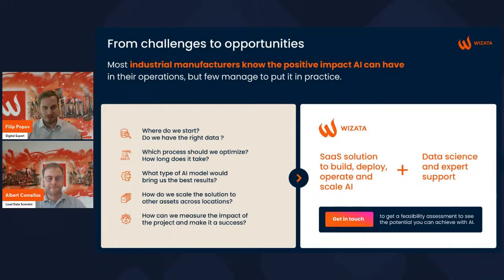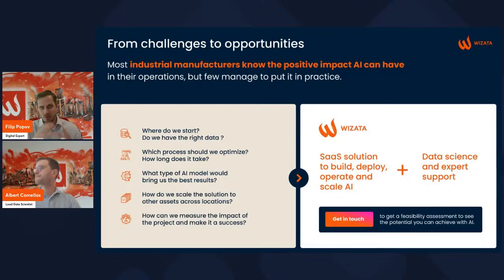Naturally, once you have a successful deployment on one of the processes, the following question is, how do we scale the solution to other production lines and other assets and other facilities? This is where a lot of pilot projects go to die, regretfully. Unlike in cases where without that, we can actually help our clients scale those solutions.